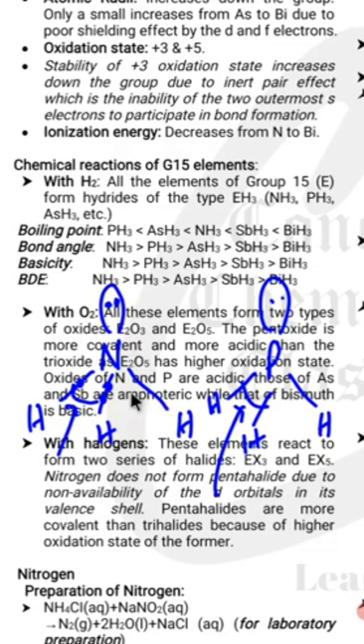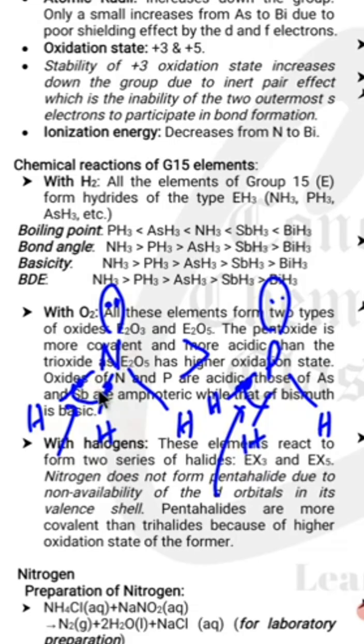So in case of NH3, nitrogen has higher electronegativity than hydrogen. In PH3 also, phosphorus has higher electronegativity than hydrogen, but nitrogen has higher electronegativity than phosphorus. So the pull of these two electrons by nitrogen will be more than the pull of these two electrons by phosphorus. So these two shared pairs of electrons come closer to nitrogen.